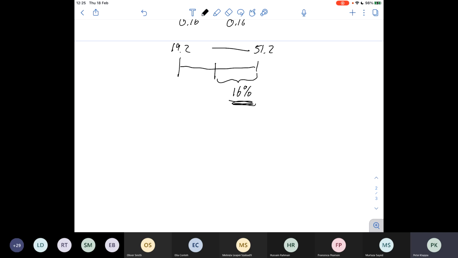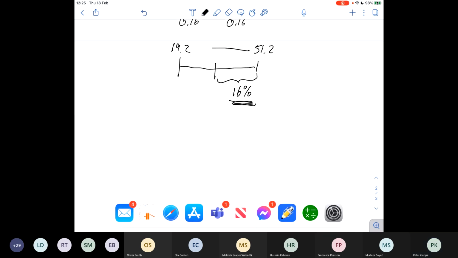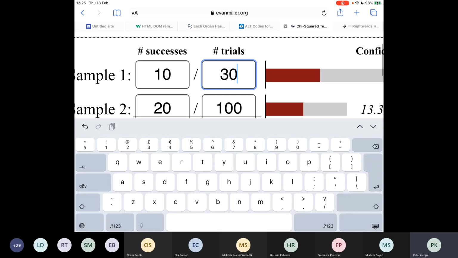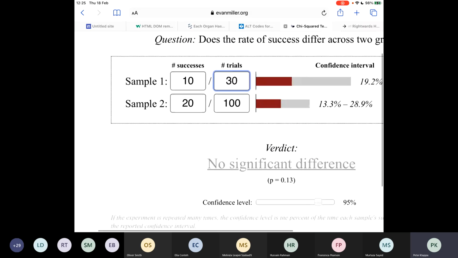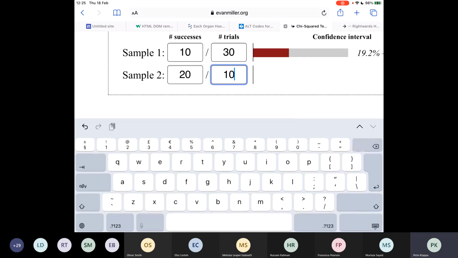Now, this calculator, of course, also gives us the opportunity to compare that with a second sample here. So if we've got a second sample, for example with drugs, where let's say, just for argument's sake, we have 35 cells, and only 6 cells are alive.